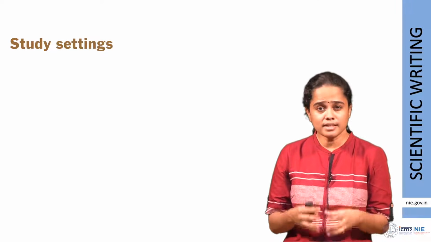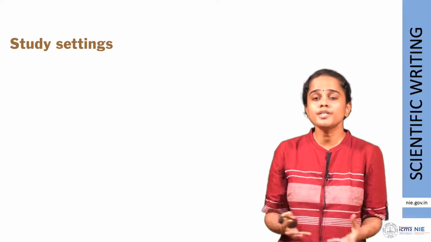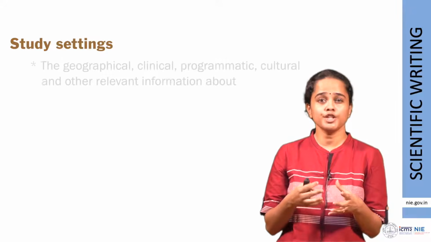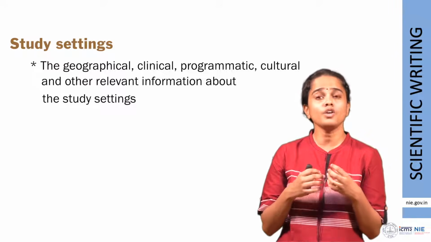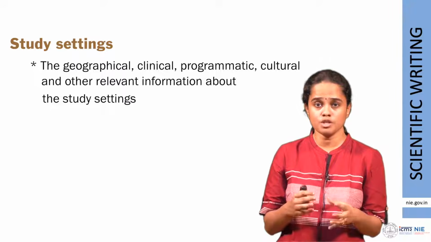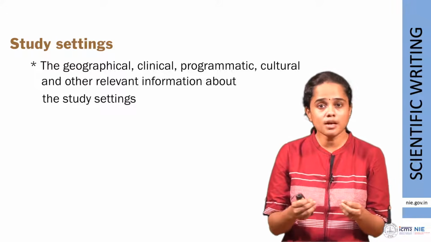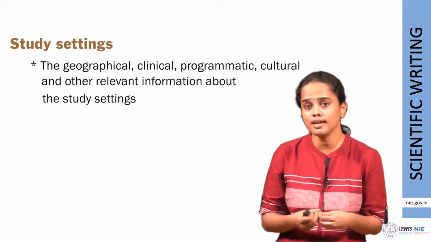So, coming to the study settings. In the study settings, you basically introduce the reader to where your study has actually happened. You talk about the geographical, cultural, programmatic, and clinical or any other relevant information which is required for the reader. For a quick example, you could think of an author or a reader who is living in Latin America.